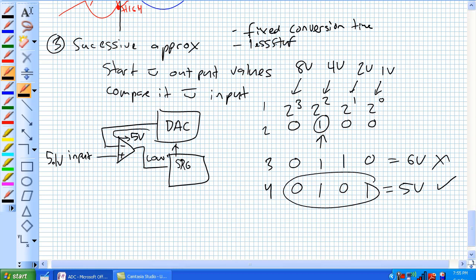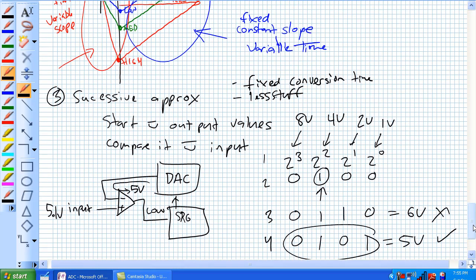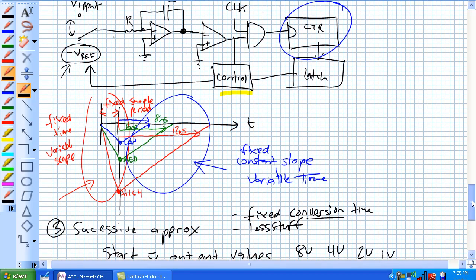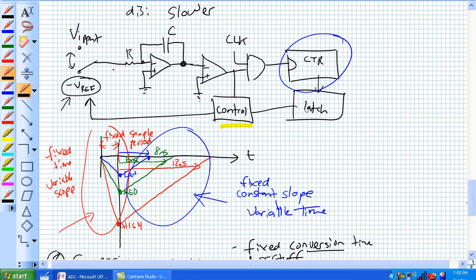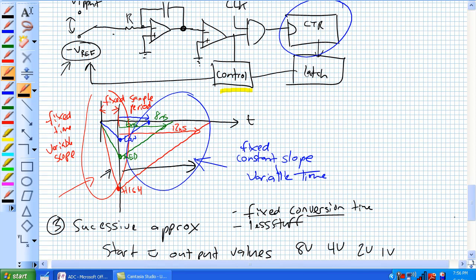Again, less stuff than the flash simultaneous conversion. Advantage here is a fixed conversion time in contrast to our dual slope, which if you had a high voltage here, took a lot longer for it to read that thing because it's basically using a counter to determine the magnitude.